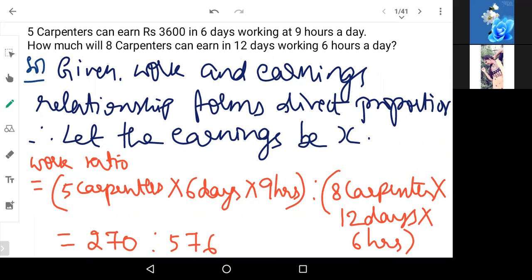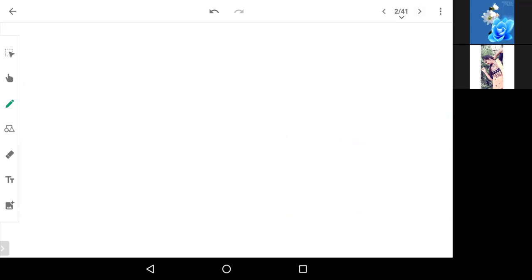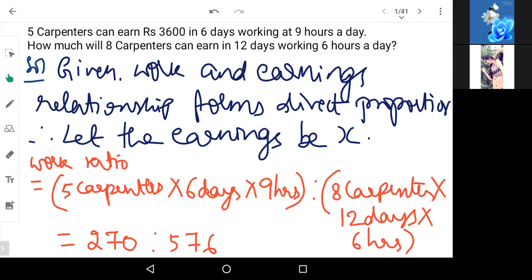Did you all understand how to find the work ratio here? Any doubts until here? Yeah, correct. 270 is to 576. Everybody understood? Now, that was the first part, work ratio. Now the second ratio will be the earnings ratio. These 5 carpenters were earning 3,600.